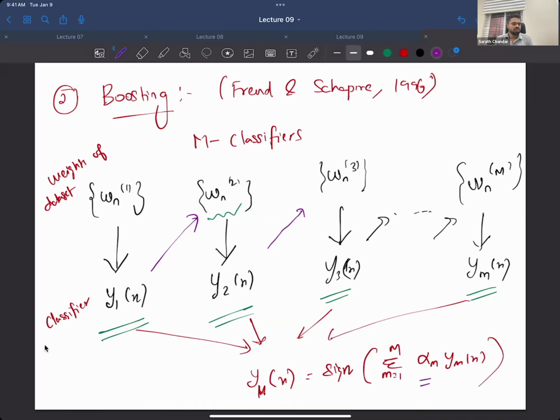We will talk about how to come up with this alpha m. By sign, I just mean I'm going to pick the maximum. This is +1/-1 classification. If the sign is positive, then it is class +1. If it is negative, it is class -1. Is that clear? Is the idea of boosting clear? Any questions so far?